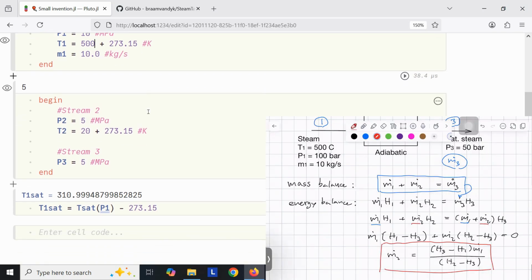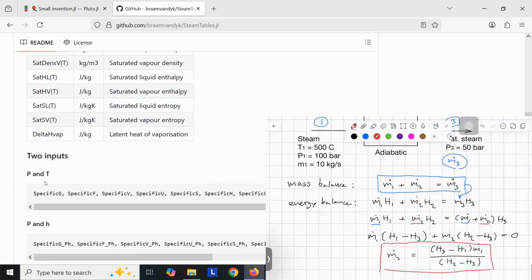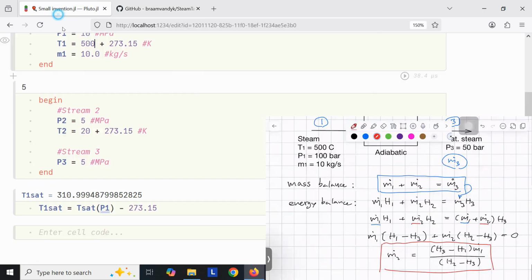Since it is superheated, we need to supply 2 parameters, temperature and pressure, in order to calculate enthalpy. The way to do the calculation is specified here using this specific H command. And we need pressure and temperature as input parameters. So specific H of pressure P1, temperature T1, I'm going to assign this to a variable named H1.